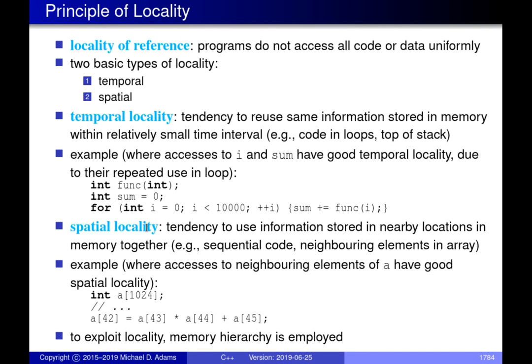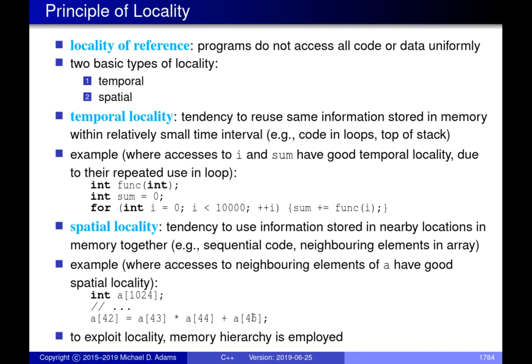The other type of locality is what's referred to as spatial locality. What this is saying is that if you access a particular location in memory, there's a good chance that in the near future you're going to access another memory location that's close to it, in other words, maybe just the address just before or just after. The reason this happens is, if you look at the code example given here, it's not uncommon to see computations where you have an array, you're doing some sort of computation with index number 42 in the array, but this depends on other entries close to it, like 43, which is just the one after 42, and a few subsequent entries.